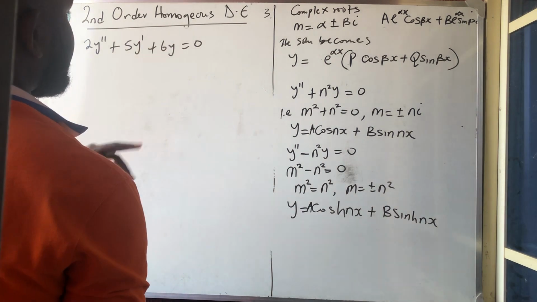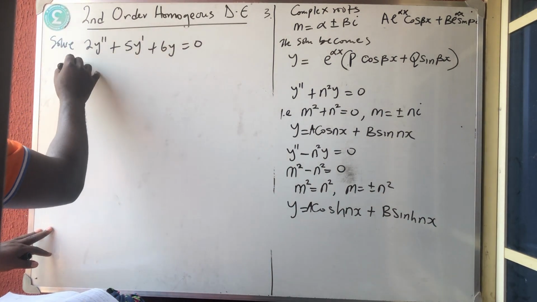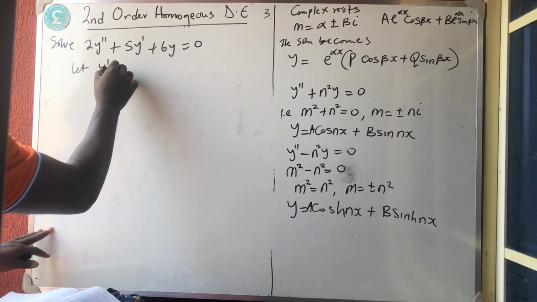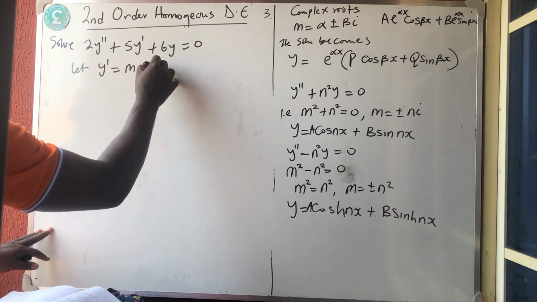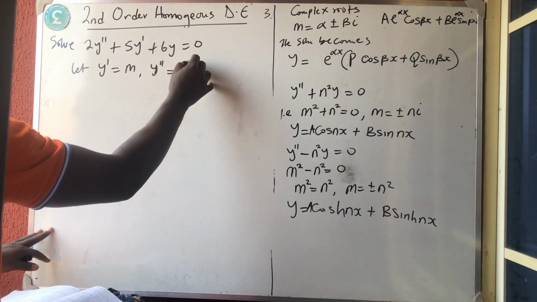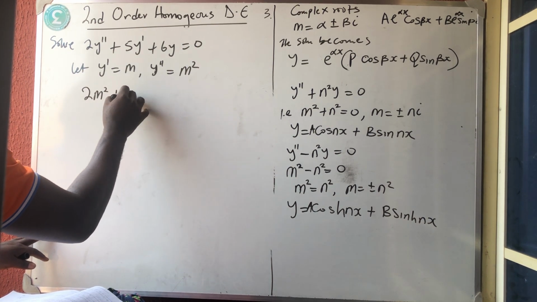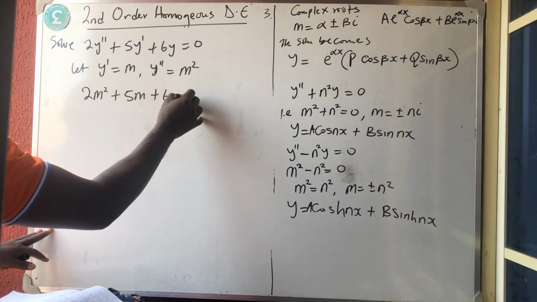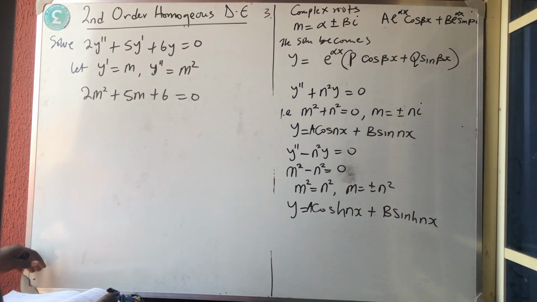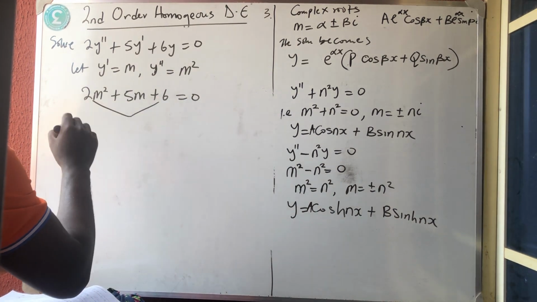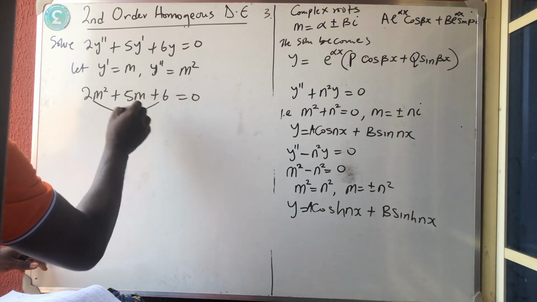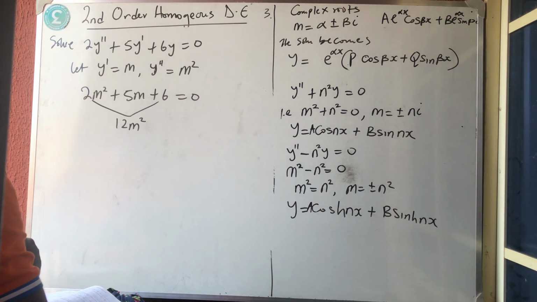Since the right hand side is 0, it is homogeneous, so we'll say let y prime be equal to m, which means that y prime prime will be equal to m squared. So let us substitute. I'm having 2m squared plus 5m plus 6 is equal to 0. So this is the quadratic equation. Let us solve. This times this, what do you have? 12m squared.